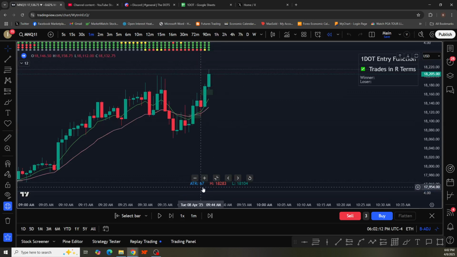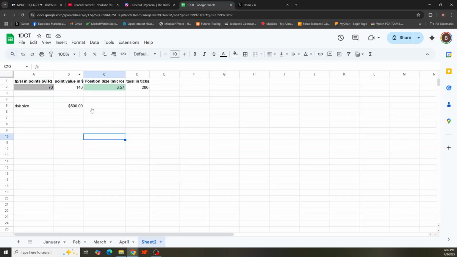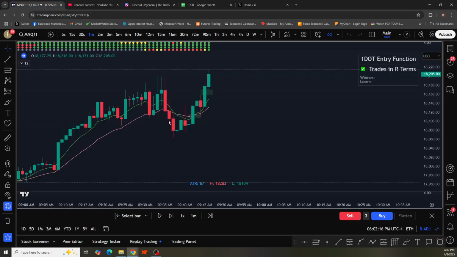So I look at the ATR. The ATR is 67. To keep my risk fixed, I use just a quick calculator. Say my risk size, my R is $500. What was the points? It was 67. So about, this is rough, about 4 micros to risk $500.